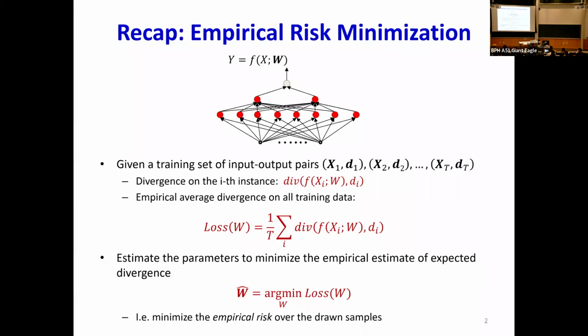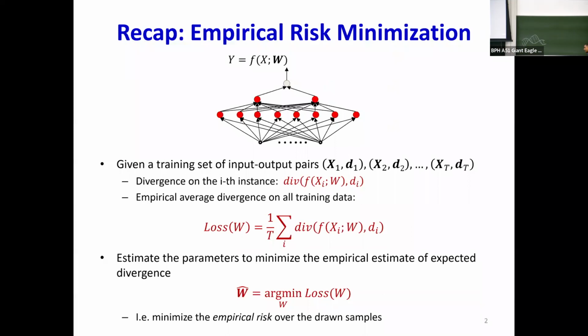So instead of trying to minimize the error everywhere, here's the function you want to model. Here's the function that your network currently models. You want to minimize this area, but you can't actually compute it because, while you may have the network, you don't have the other function.